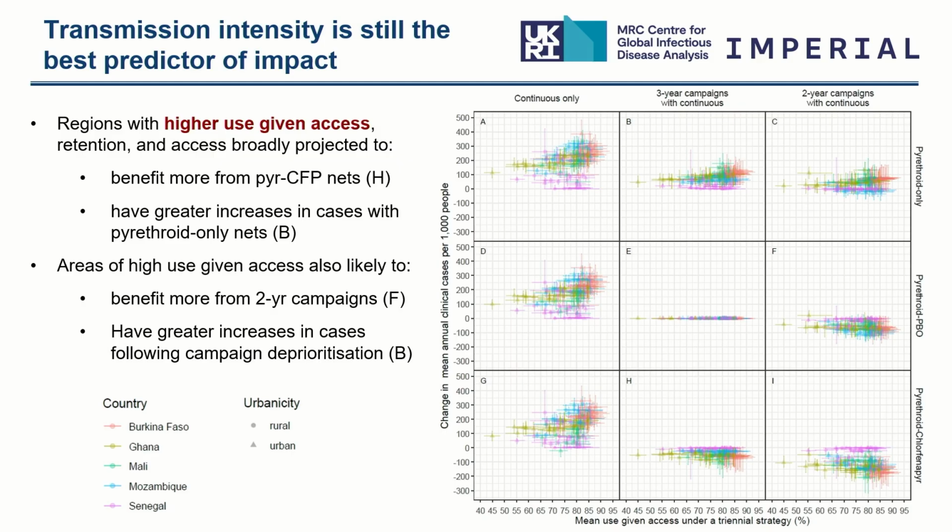And conversely, again, we're estimating that in areas where you have higher use given access, you may actually have greater increases in cases in those regions if you were to deprioritize campaigns.